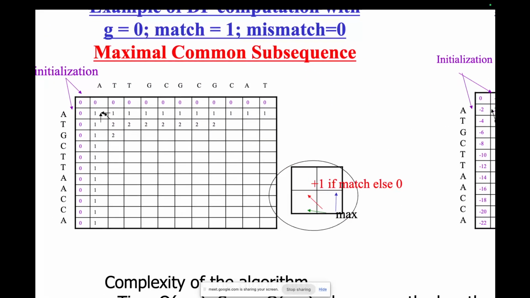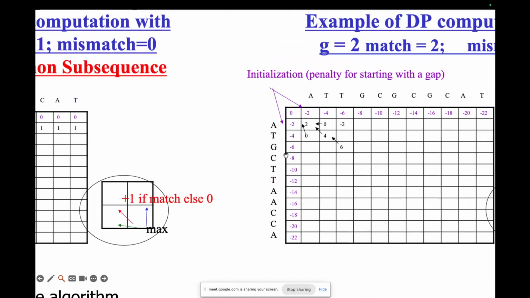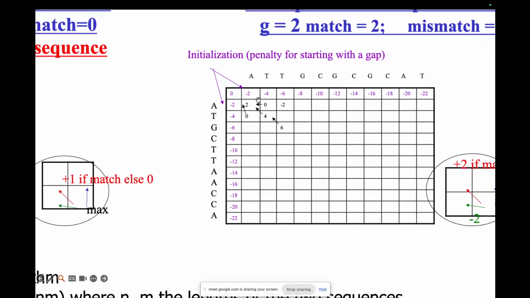Why? Say for example, in this case, since these are all 0, you can start matching from anywhere. Say for example, this A, you can start matching it from here, because in this case also it will be 0, and the alignment score will be 1. So the first row and the first column will have similar values. But in the other case, you cannot start from somewhere like here, because you already have a minus 14 here, and this would not make it feasible to be aligned here, because you will have a very high negative score.